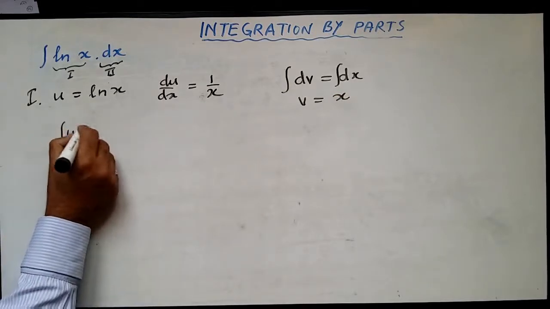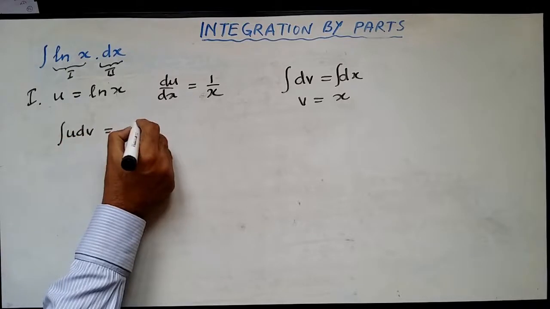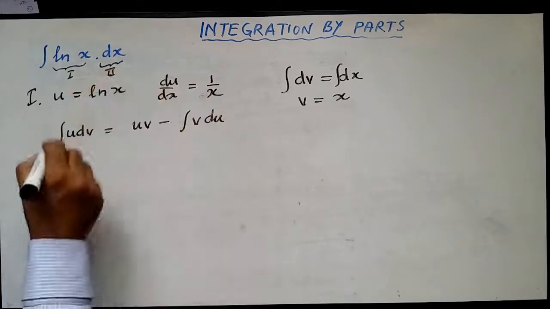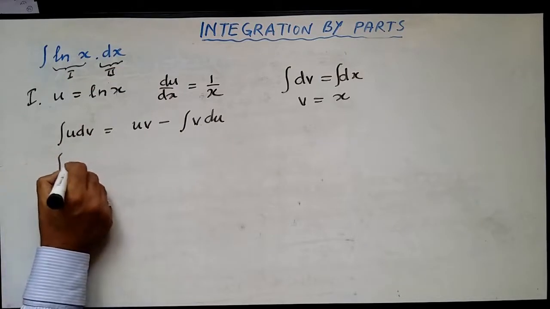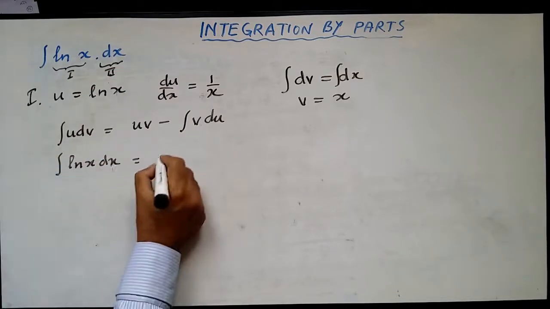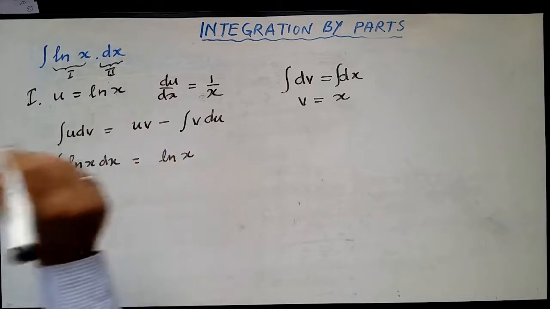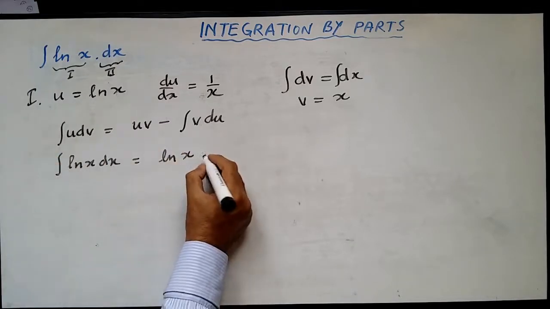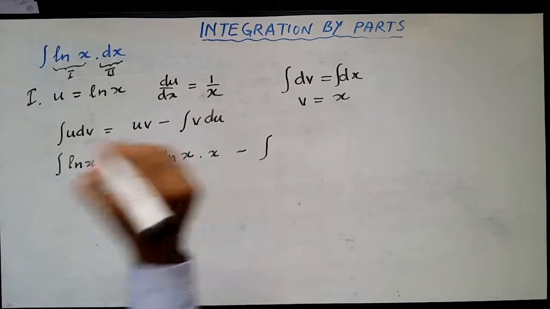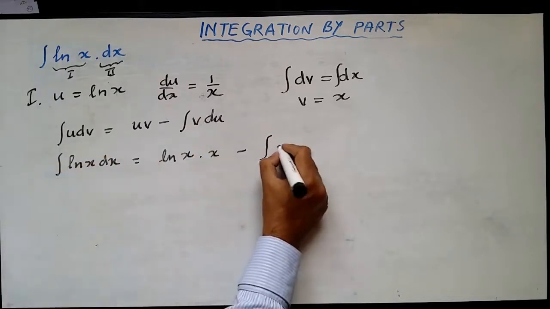Now integration of u dv is equal to uv minus integration of v du. So we get back the original expression: integration of ln x dx is equal to u, which is ln of x, multiplied by v, which is x, minus integration of v du. What is v here? x.